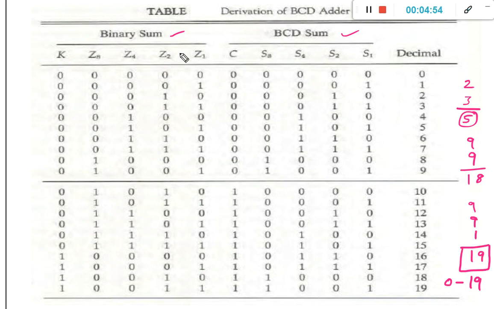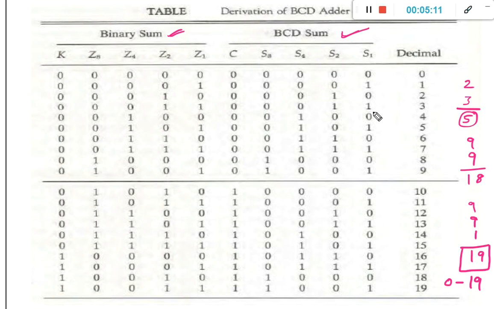So how do we represent the values 0 to 19 in case of the binary sum and in case of the BCD sum?